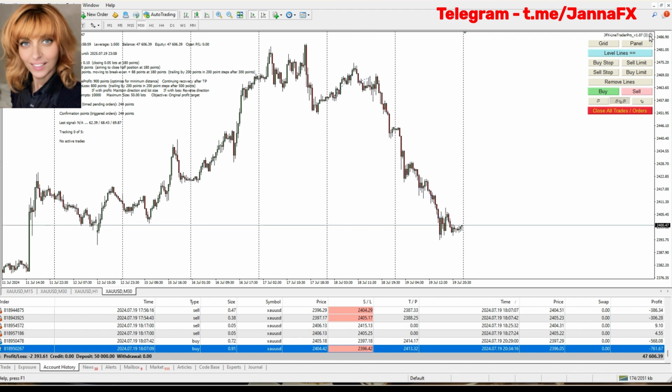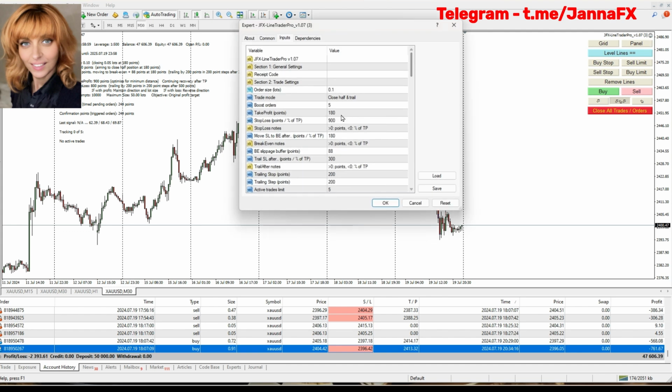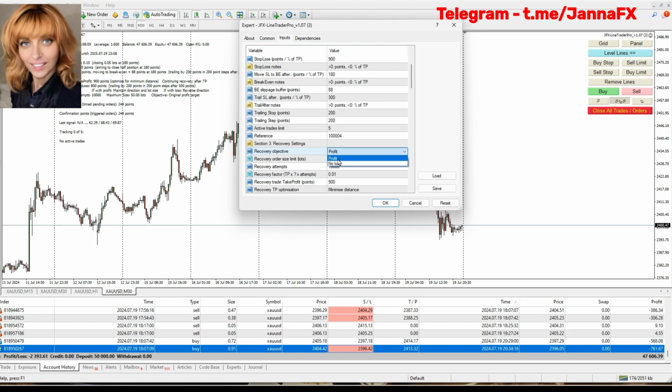Once again, to show you, I can change, let's say, instead of close half and trail, to put standard. And if they're not profitable trades, I would also have to change profit for no loss, like I showed you in those other two setups. So that's how I can bring them back and try to finish recovering.